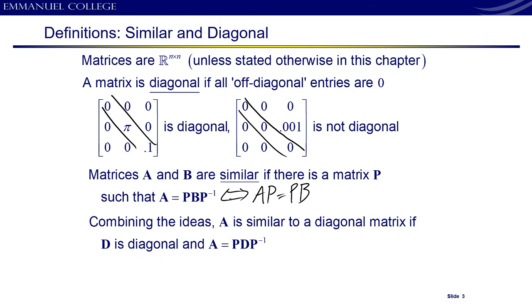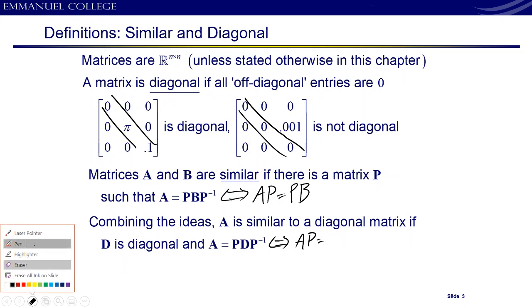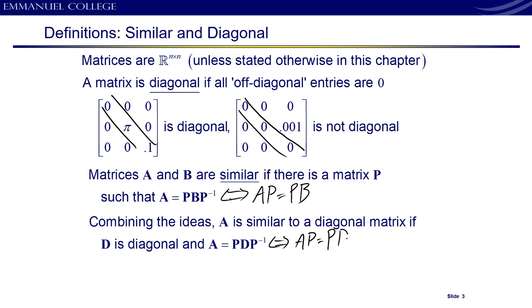So we'll take that idea of similarity and combine it with a diagonal matrix. So two matrices are similar. Again, you could do it like this: A P equals P D, sorry.